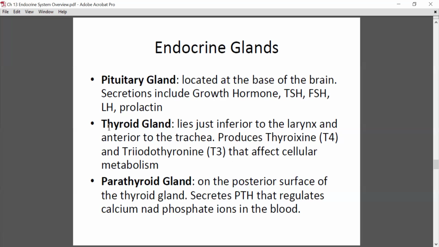It secretes PTH, parathyroid hormone. Parathyroid hormone regulates calcium levels and phosphate levels in the blood. So when the calcium levels are off, one of the hormones that might be secreted is parathyroid hormone.